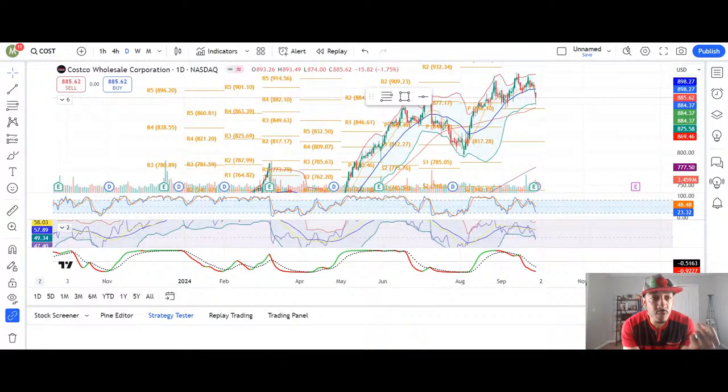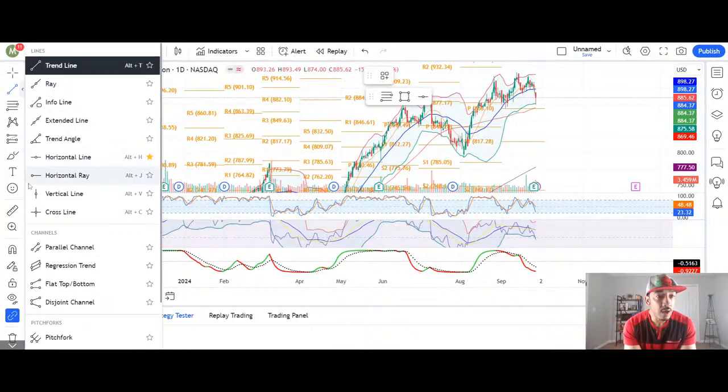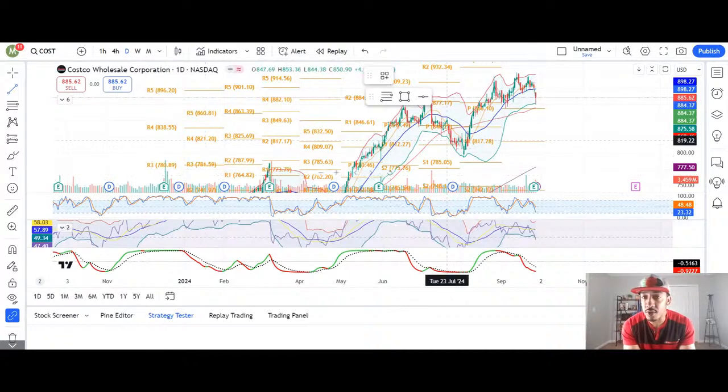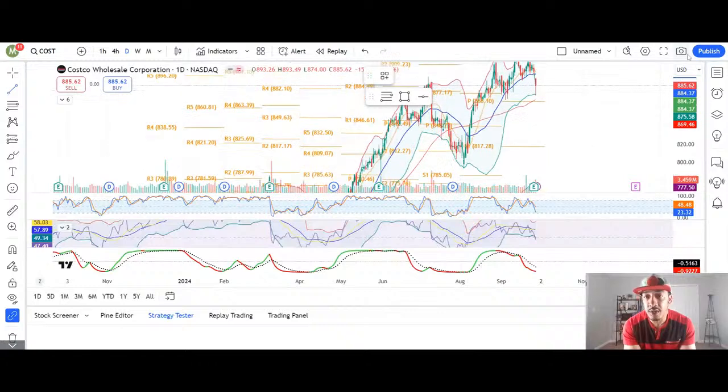So we don't have too far to go as far as going outside of the support and resistance. On top of that, we got a mini divergence, right? So Costco, we got a little divergence on Costco. Let me show y'all, and then I'll pull up the definition too, just in case you ain't rocked with me before and you don't know what a divergence is.